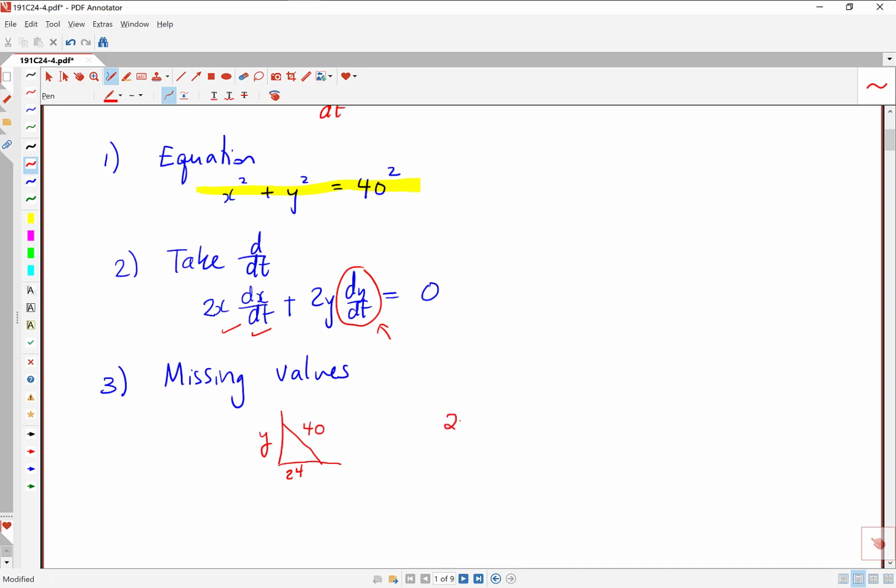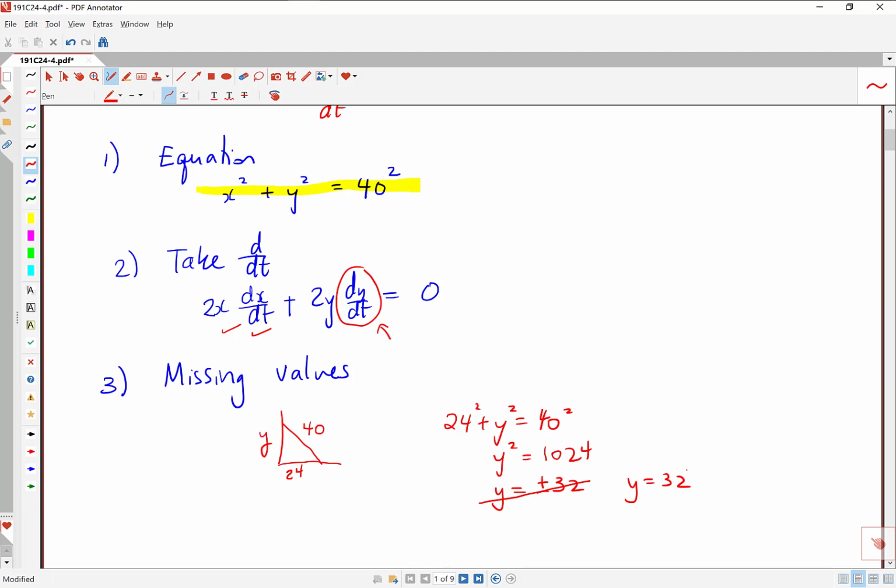So according to Pythagorean theorem, 24 squared plus y squared equals 40 squared. If we do a little bit of algebra, y squared is equal to 1024, which means y is either plus or minus 32. Now, because y is a length, we can safely say that y is going to be the positive solution. So y is equal to 32.